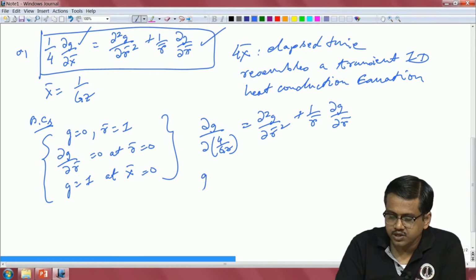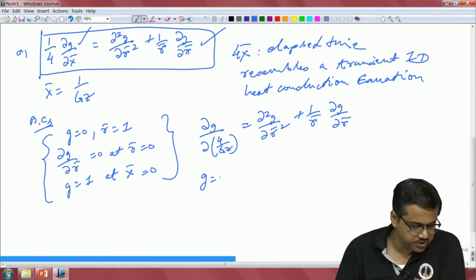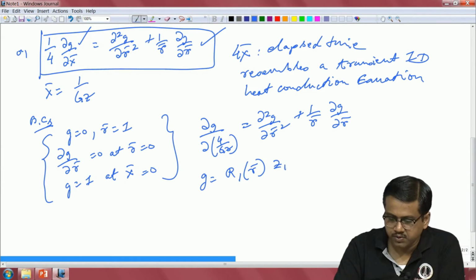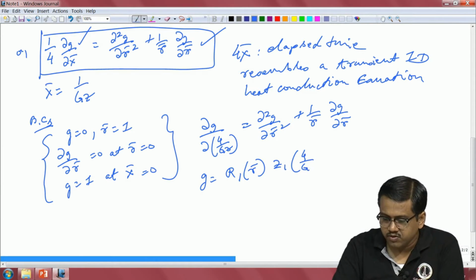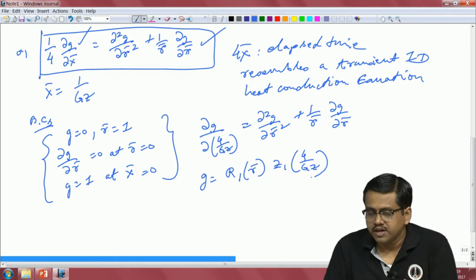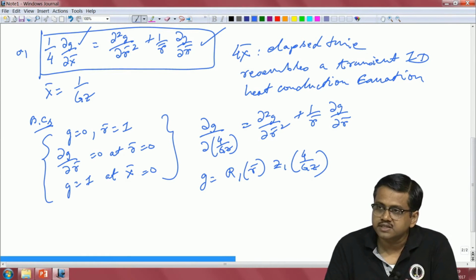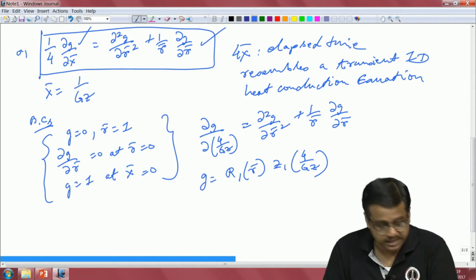Once again, you use the separation of variables. So, your g will be basically R1 of r bar times Z1 of 4 x bar. One is a transient part and one is the spatial part correspondingly. Well, in this case both are spatial, but one is like time.